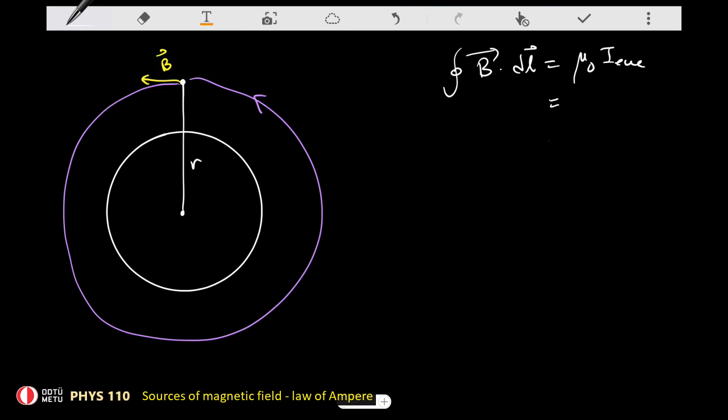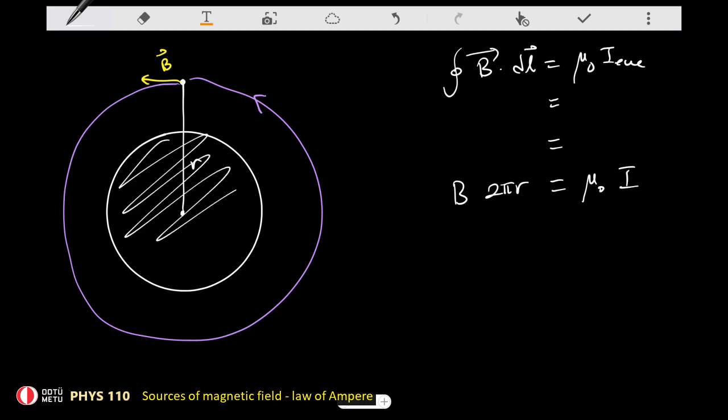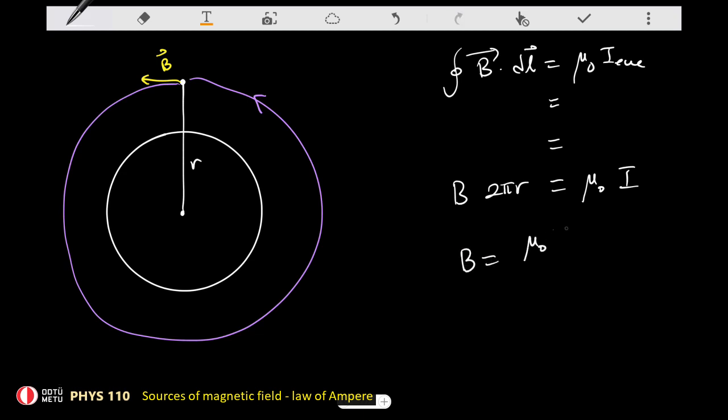So the left-hand side, after so many steps, is B times 2 pi r. And the right-hand side is basically the total current in here. So all the current that's flowing on the cylinder is actually enclosed. So therefore, the right-hand side does not depend on the position little r. Right? So as a result, we get the same expression.